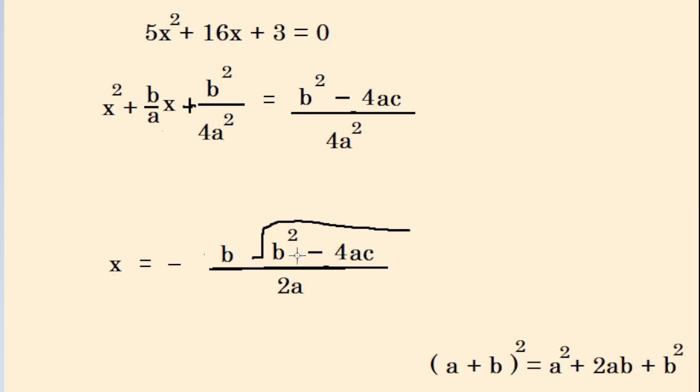Also, because here is a square root, we put plus and minus here. The only reason we do it is because when you square a number, it always becomes positive. Let's say you have 25 and you're asking, what is the square root of it?